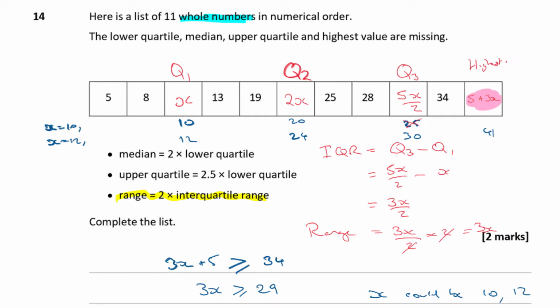That all seems to work out. So I think that's what the numbers I'm going to go for then. So 12, 24, 30 and 41. They seem to all work out. Okay, so a little bit of trial and error there, using the known facts to try and work our way through to a solution that works in all four boxes.